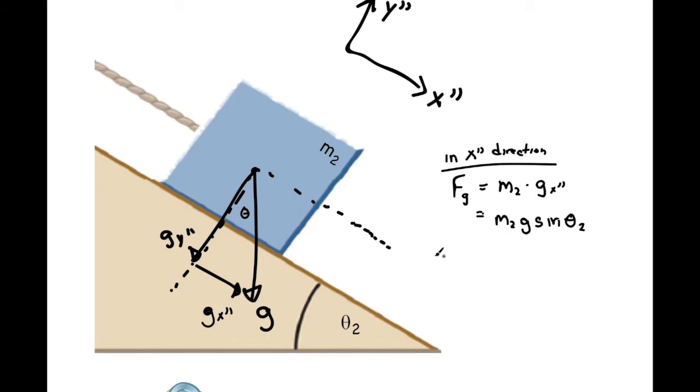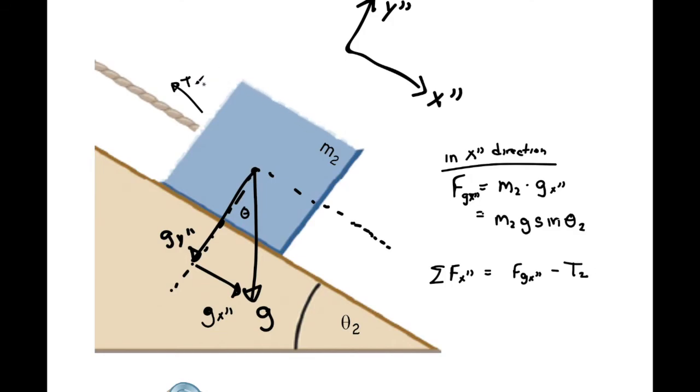And again, if we want this one to sit still, then the pull here, pulling the block this way due to gravity, must be counteracted by another force, and that's the tension in this string. So the sum of the forces along the x double prime axis is F g x double prime minus tension 2.